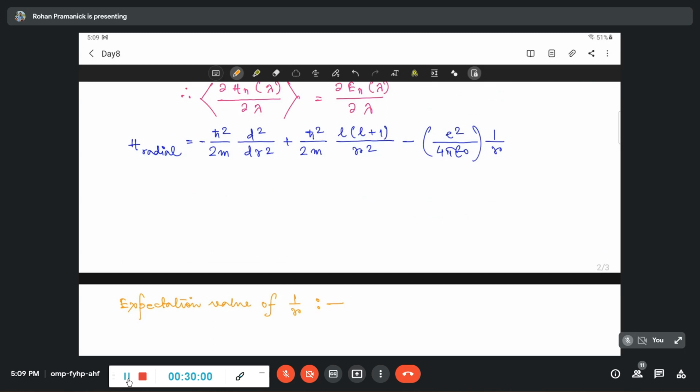L. If you take the derivative with respect to L, whatever happens, there is an r square over here, and we are calculating the expectation value of r, right?